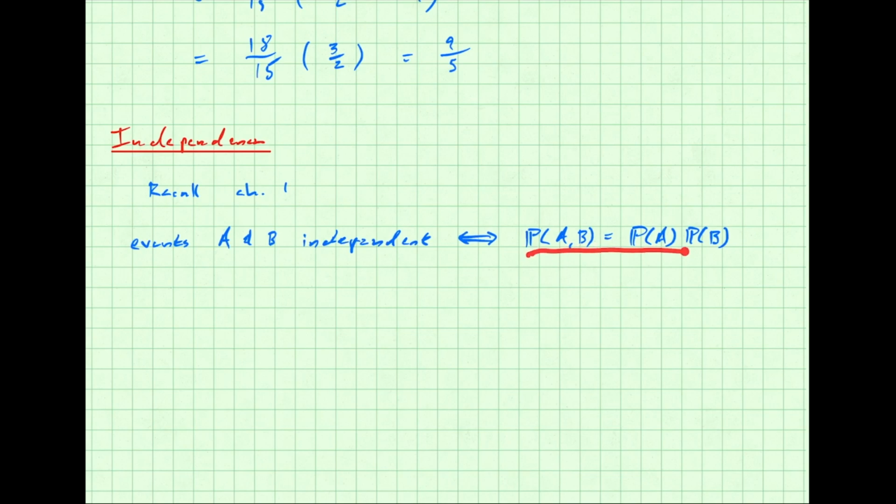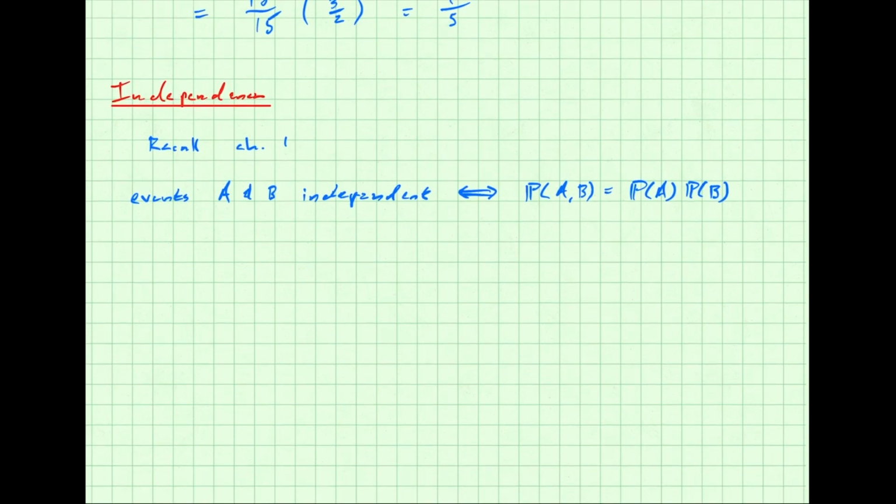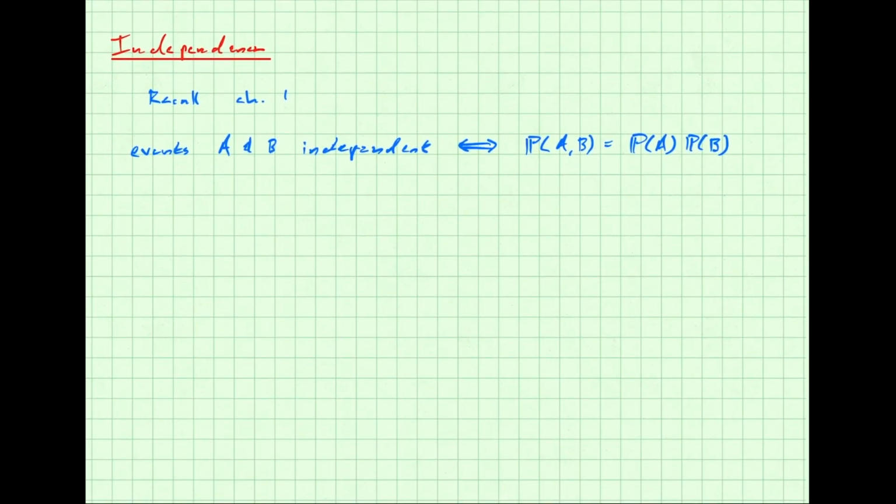If this is true, then A and B are called independent, or in reverse, if A and B are independent, then this has to be true. That's what's meant by if and only if. I think you've seen that before, hopefully. Either one of those statements implies the other.